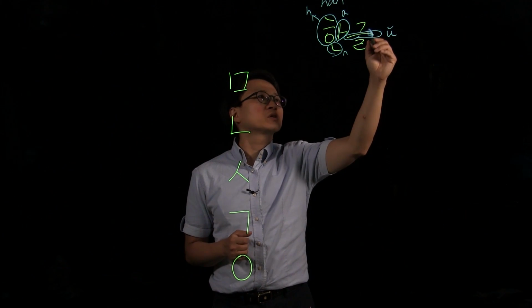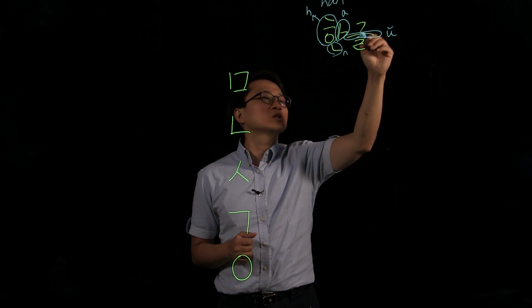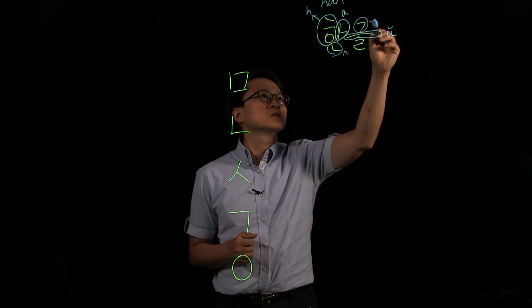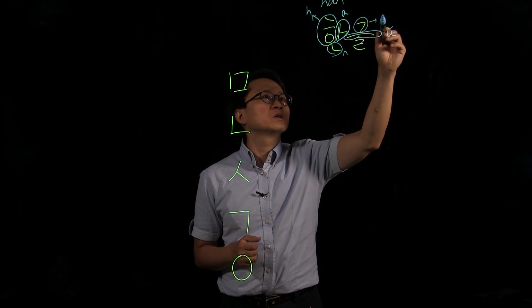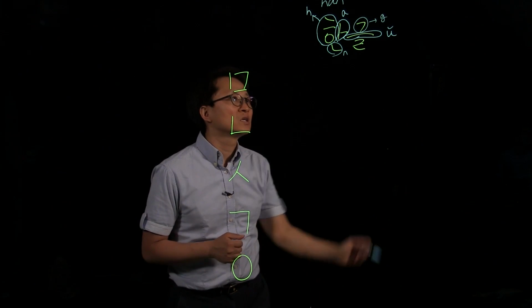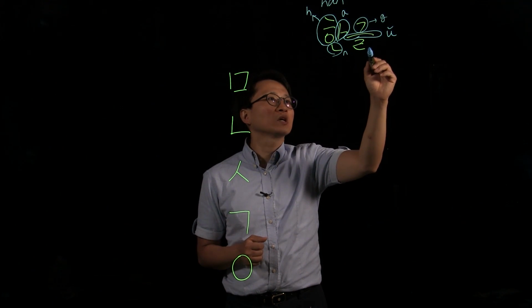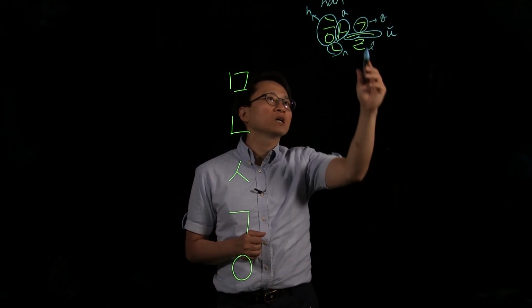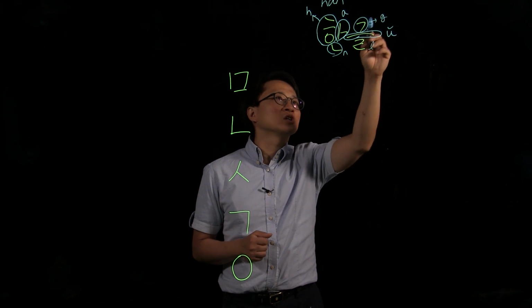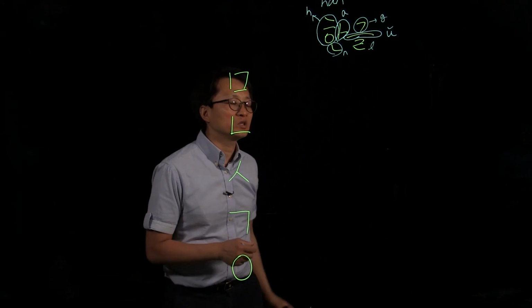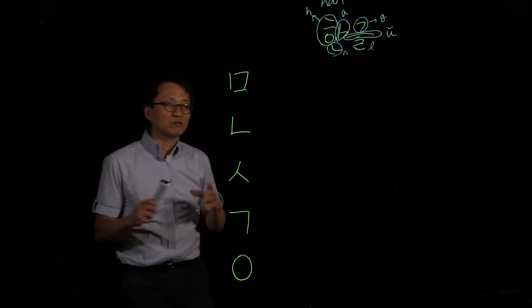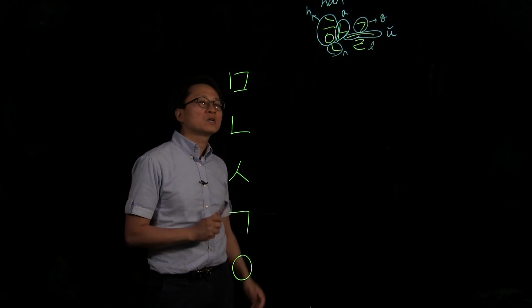And this one, this part, this consonant represents the sound of something like G here. And this is something like L sound here. And gul. So hangul. So we just group consonant and vowels together and make syllables.